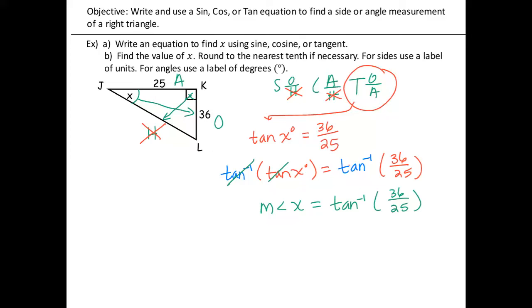So we do just like we did the sine, except tangent inverse. So this time we have to do second tangent on your calculator. And then you go 36 divided by 25, close parenthesis, and press equals.